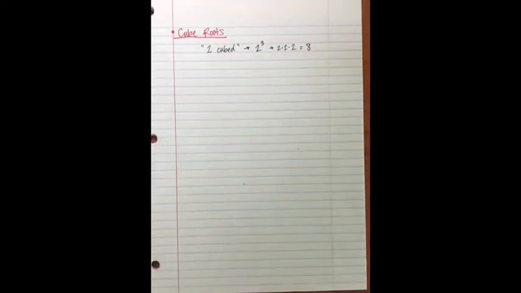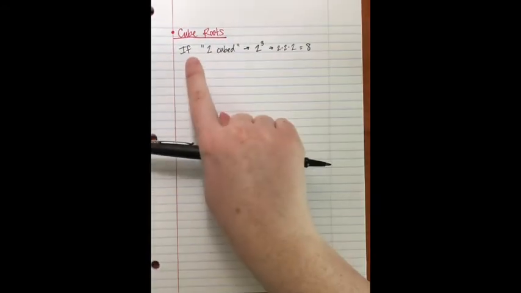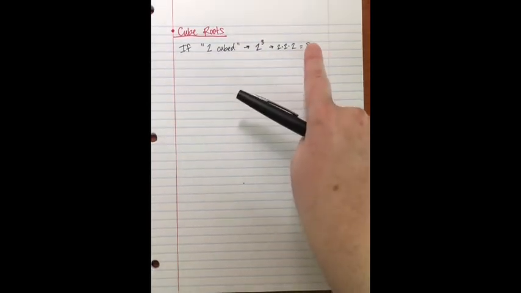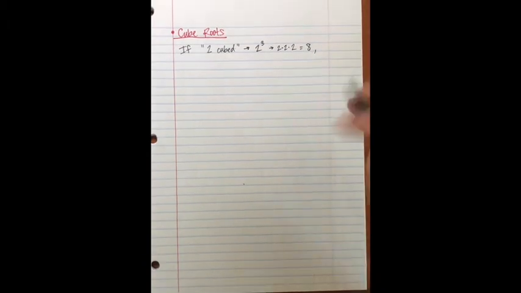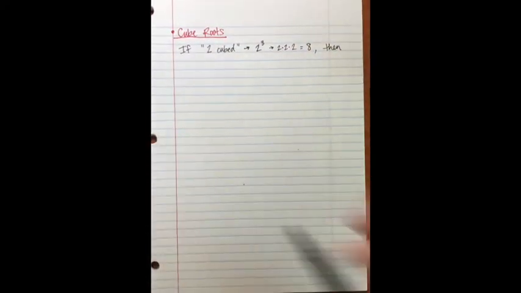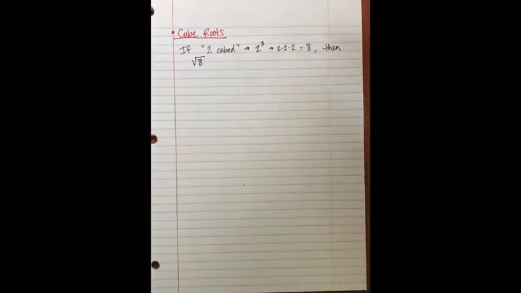Okay? So, we're going to make a statement out of this. If 2 cubed equals 8, then we're going to talk about the opposite of this. Then the cube root. Now, cube root, you got to put that little 3 up there. 3 is your index, okay?